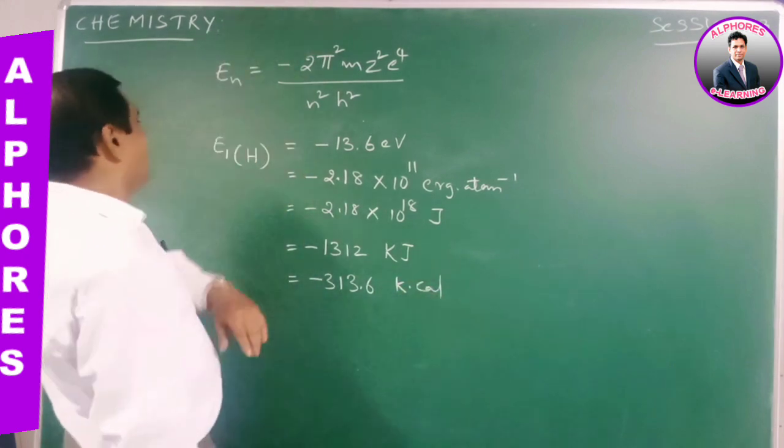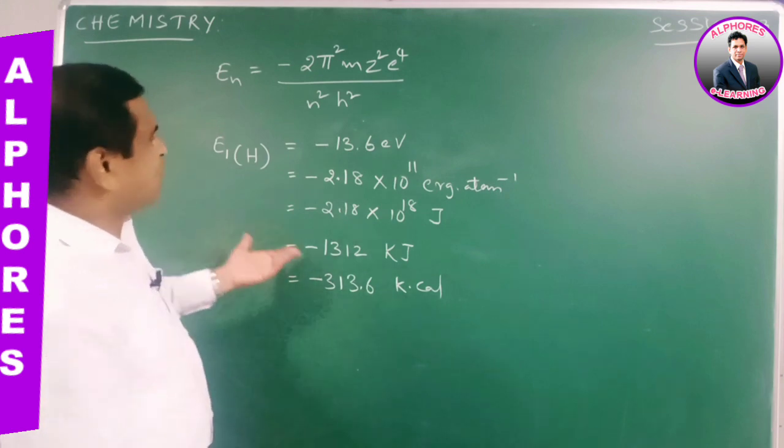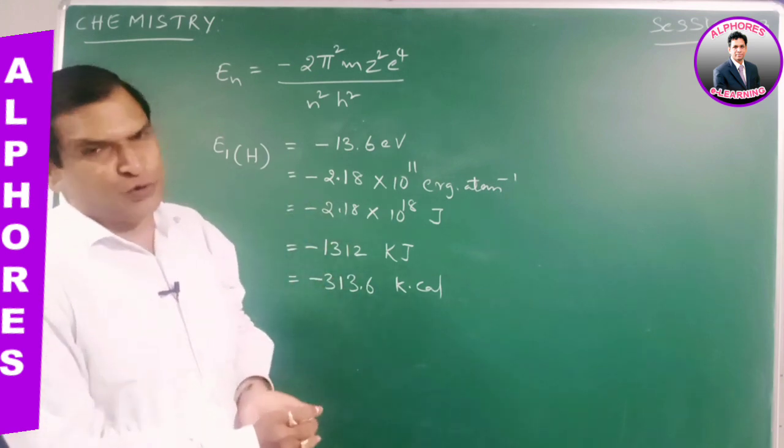So these are all the energy of the electron in the first orbit of hydrogen atom.